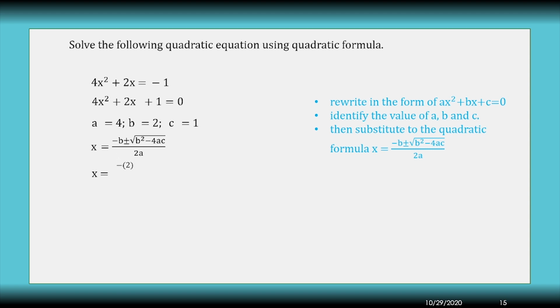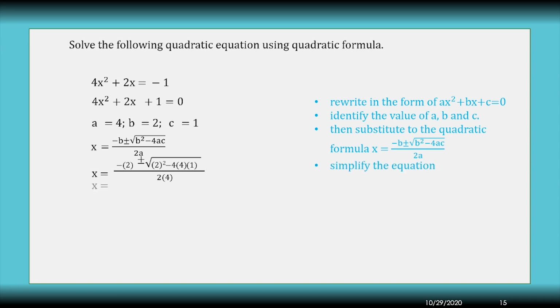So, negative times the quantity of 2 plus minus the value of b again is 2 squared minus 4 times the value of a is 4 and the value of c is 1 all over 2 times the value of a is 4. So, ganun lang. Okay, so kahit ano pang given natin dyan, kahit malaki pa, kahit may value ng a tayo, so simple lang din ang pag-solve using the quadratic formula.